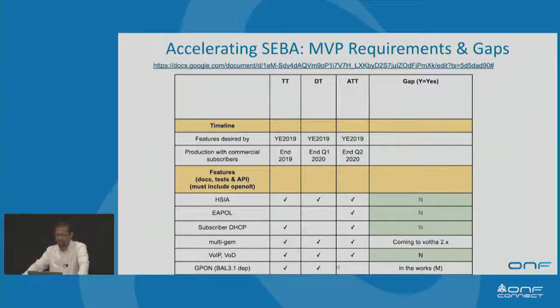I don't want to speak for them. But what I do know is that these three operators have committed to trialing in production next year. And so all the effort has been in bringing together enough resources to meet these requirements. That's all really I can say. So that's the work that's going to go in over the next 6 months.